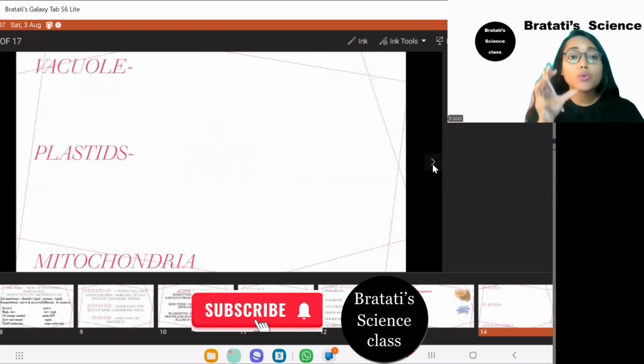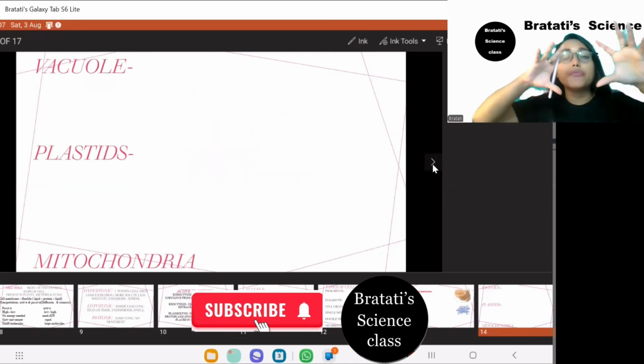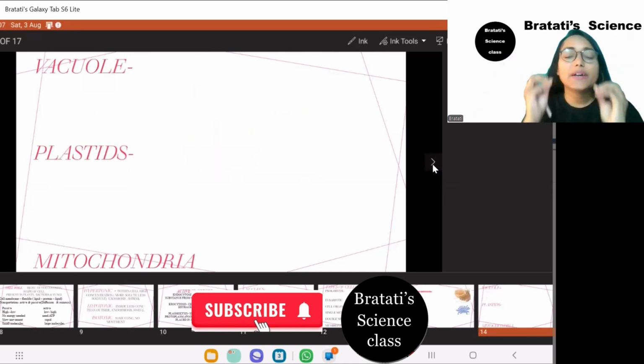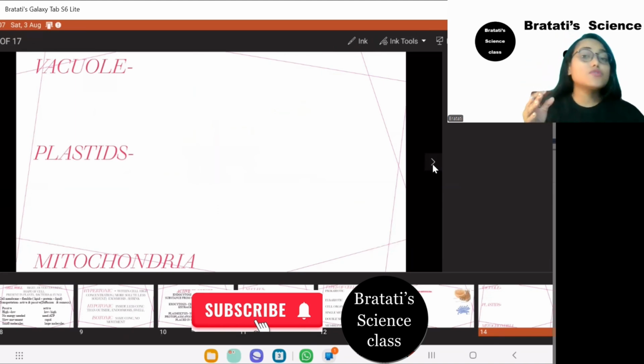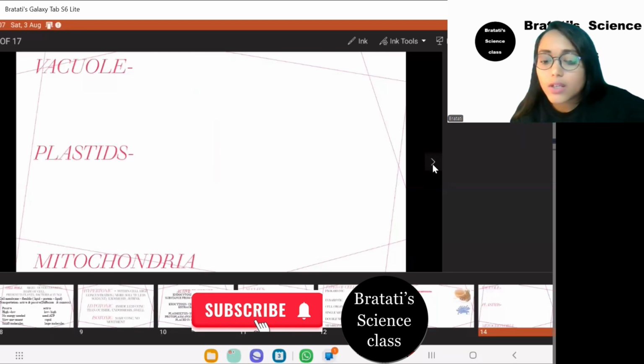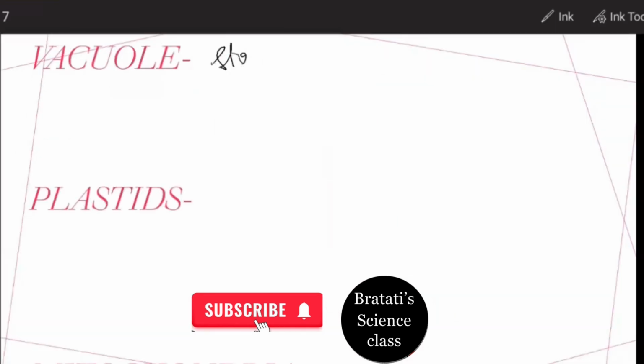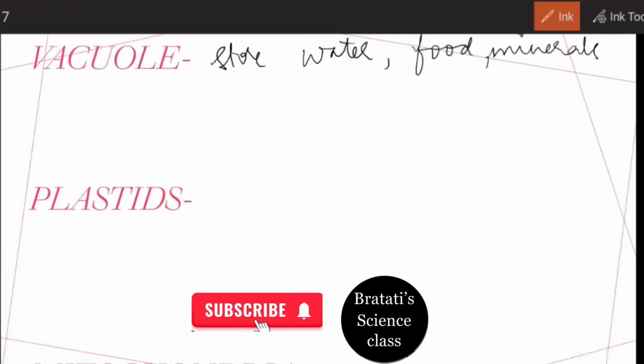Next is the vacuole. In the plant cell, the vacuoles are very big in size, but some animal cells lack the vacuole. The membrane of the vacuole is made up of tonoplast, and they basically store water, food, and minerals.